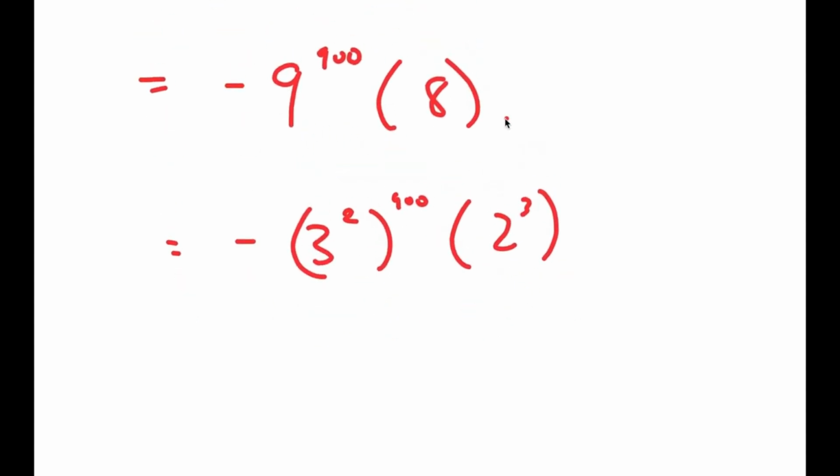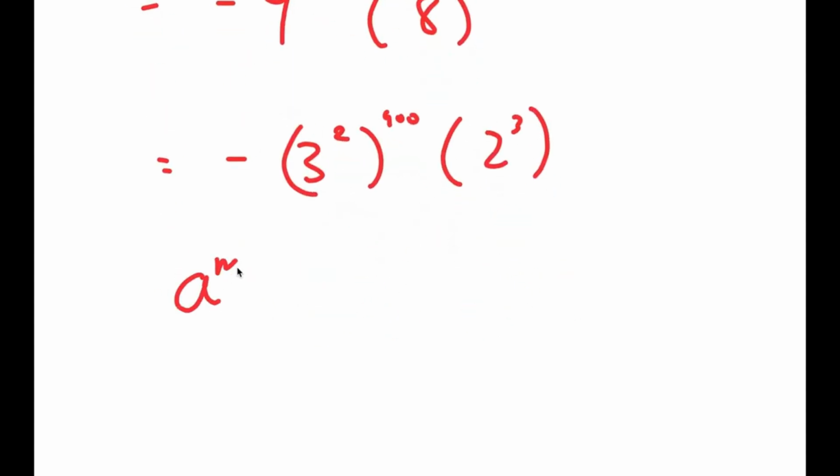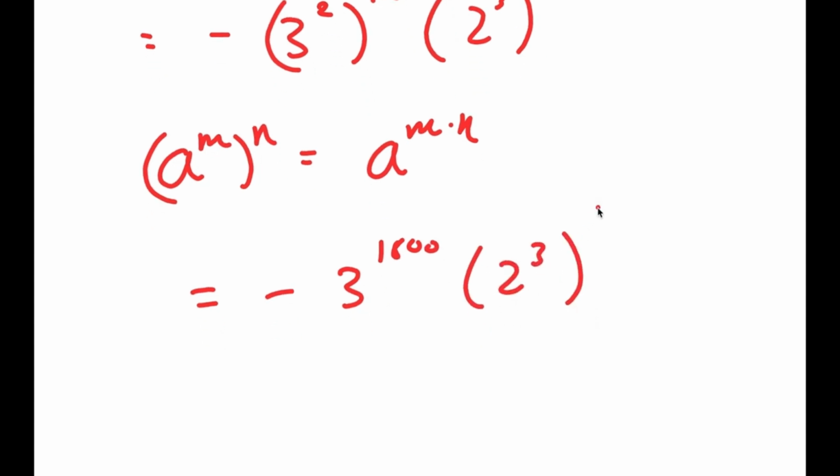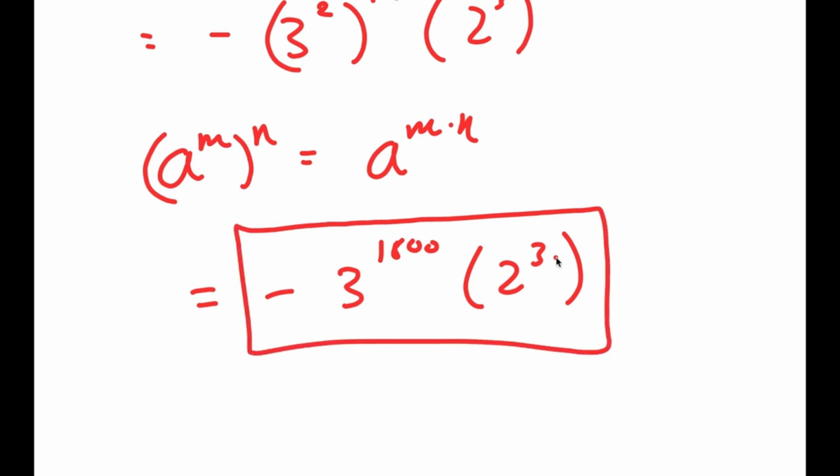I'm going to use a quick exponential property that states that a to the power of m to the power of n is equal to a to the power of m times n. So I get negative 3 to the power of 1800 times 2 to the power of 3. So this is my final solution to this problem.